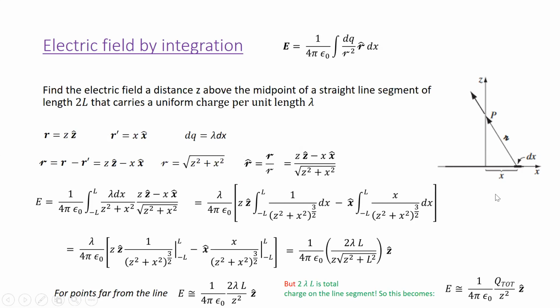And that is what we would get, the electric field of a point charge at the origin, if we were a long, long way away. For a long way away, this line segment looks more and more like a point. So this limit, as z becomes much bigger than L, shows us that we have an expression which makes some sense.